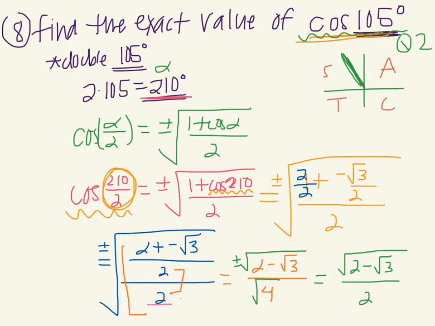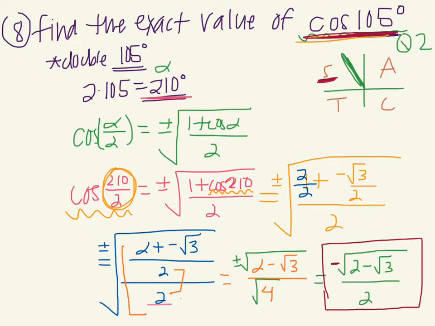In the third quadrant, only tangent's positive. And in the fourth quadrant, only cosine is positive. So since 105 is going to fall into the second quadrant, only sine is positive, which means cosine of 105 degrees is going to be a negative value. So I'm just going to stick that negative out front, and that's my final answer.